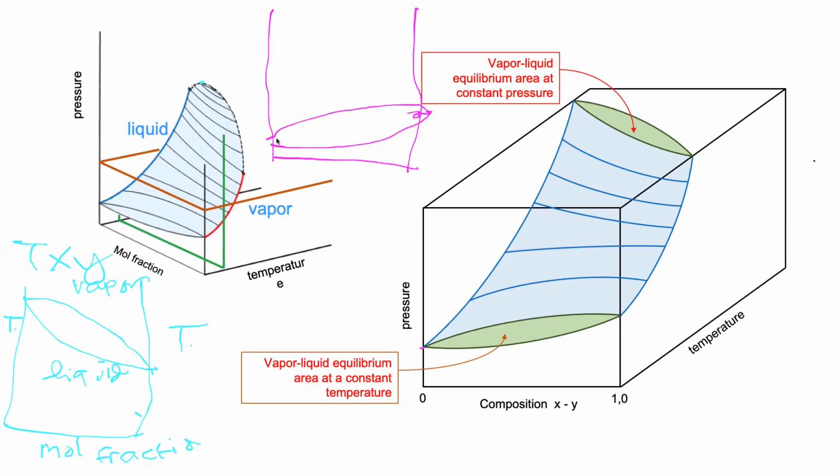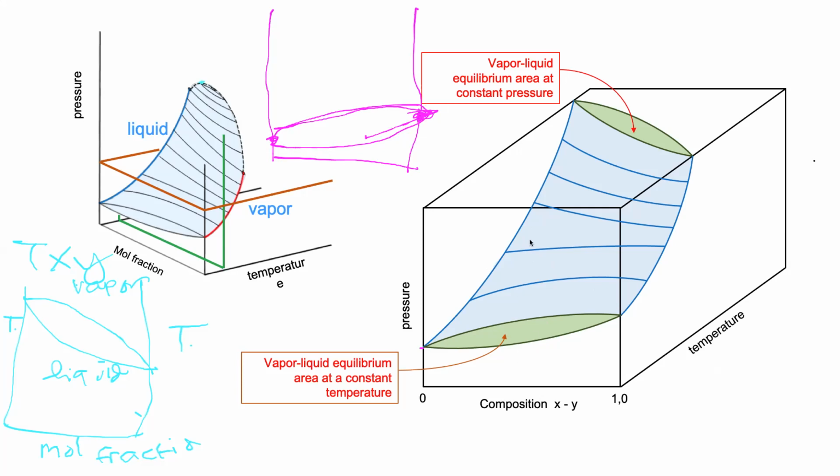Sometimes we need this. That means if I want to purify A, for example, I have 50% A and I want to purify it to 100% A, it is feasible. It is possible to separate them into 100% A.